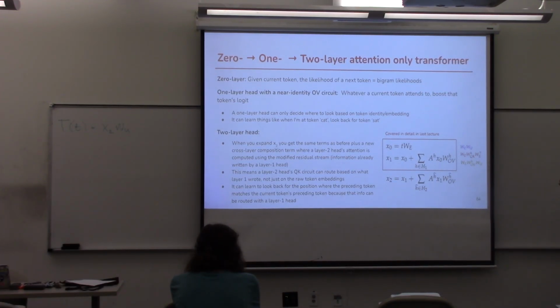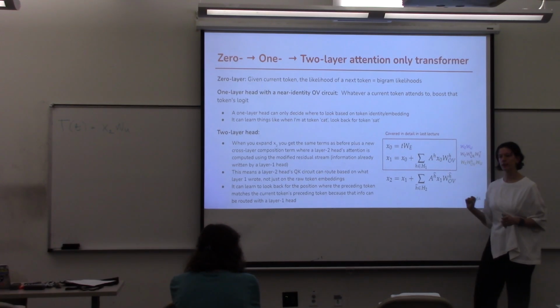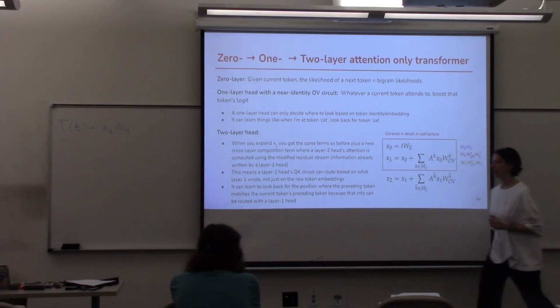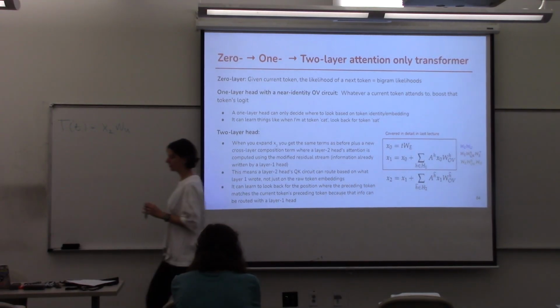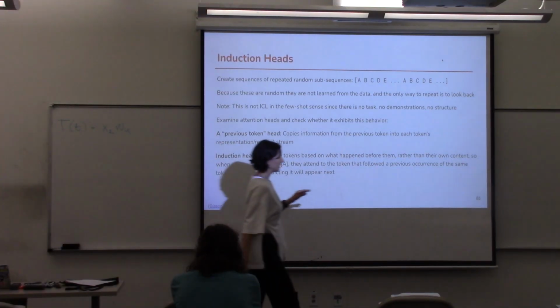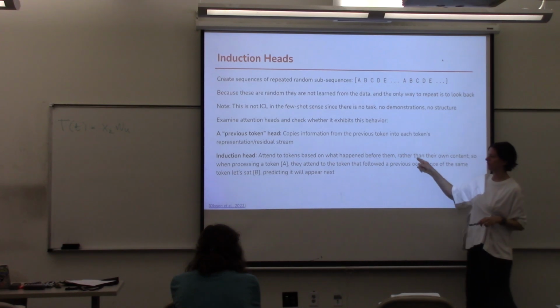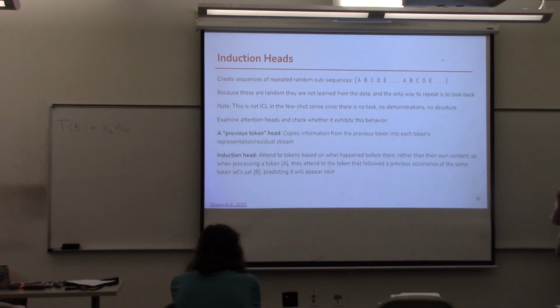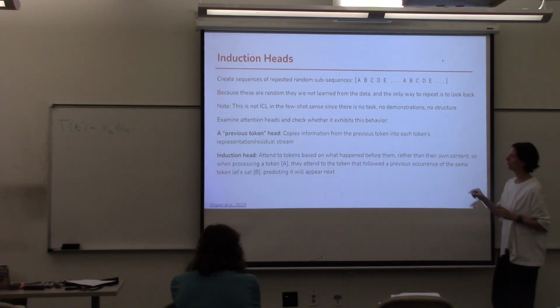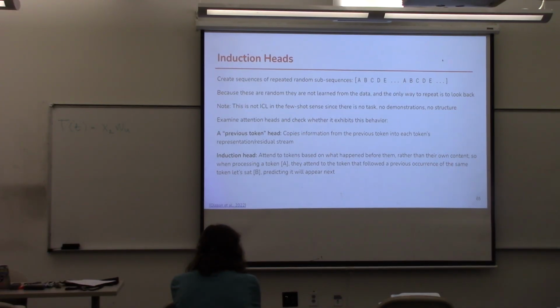Because that can happen, we get the possibility that the first head can store, and maybe I will go to the next slide, it's going to be nicer. So a first layer head, ignore everything that's written, I'm going to talk about these two things. A first layer's head can copy information from the previous token into each token's residual stream.